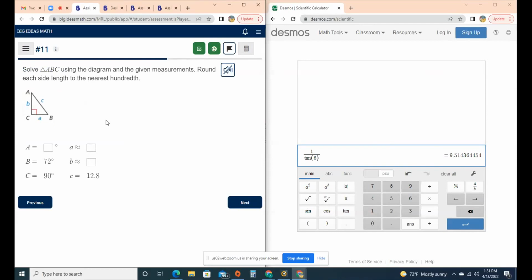All right. So again, this one's kind of like that problem we just did where you should be able to find angle A really quickly. Angle A plus angle B have to add up to 90. So what is the value of angle A?